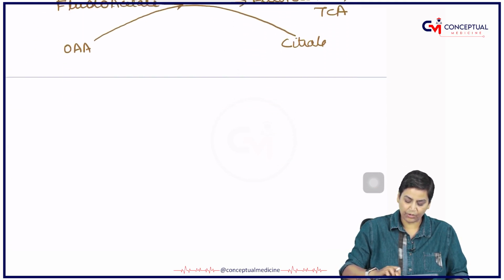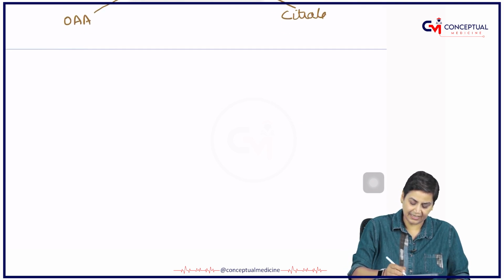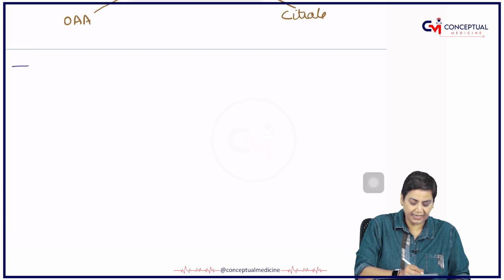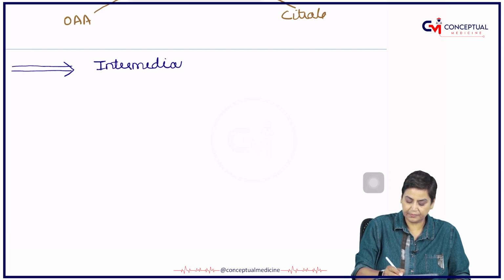And the most important feature of this TCA cycle is it plays a very important role in intermediary metabolism.